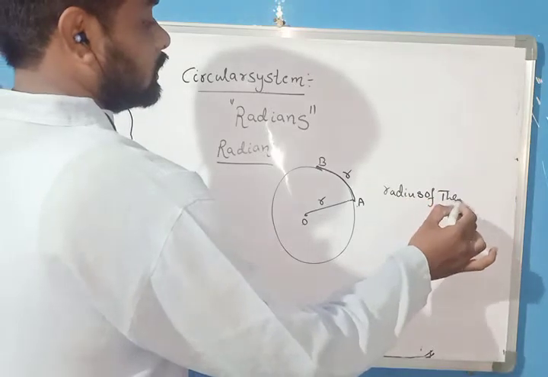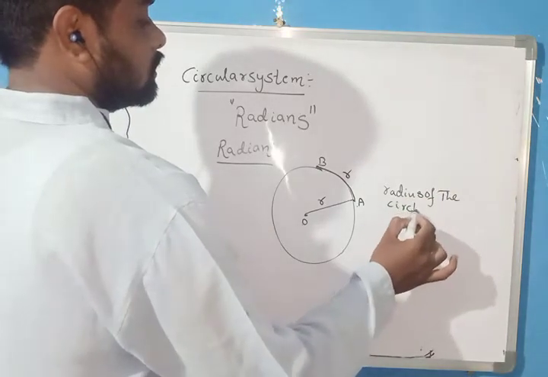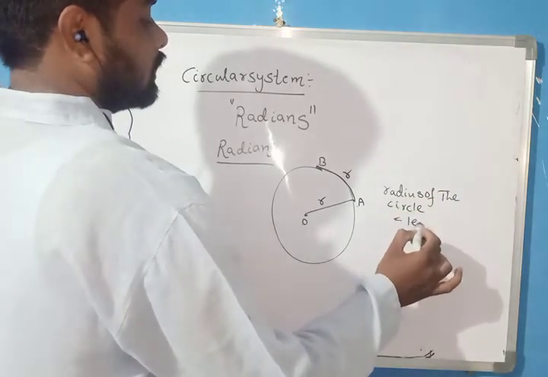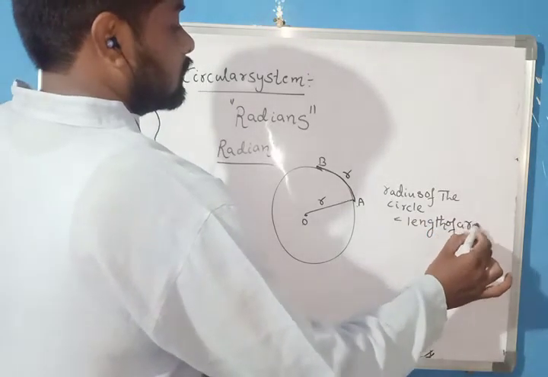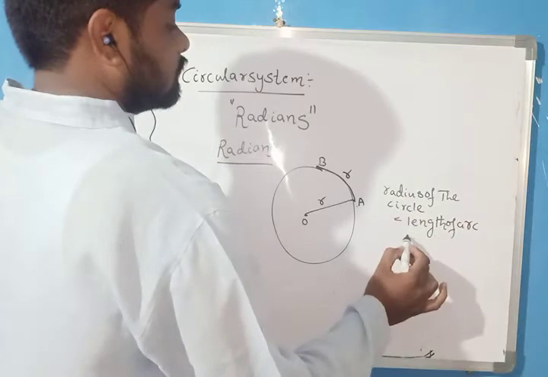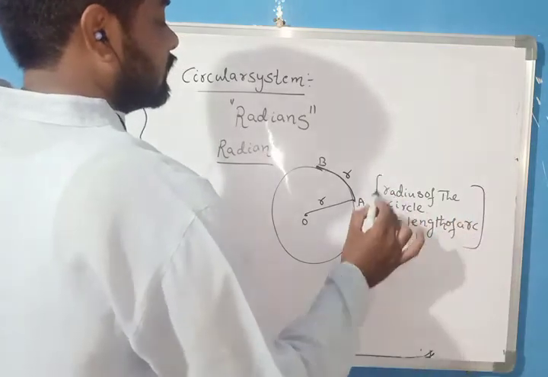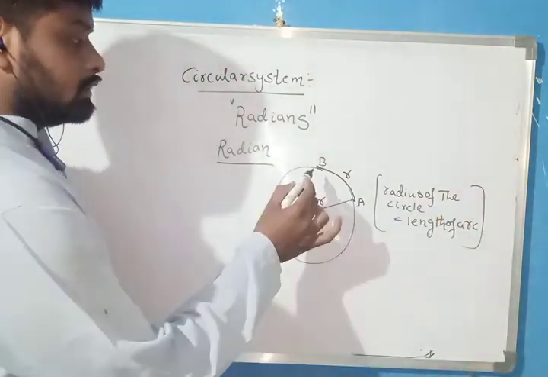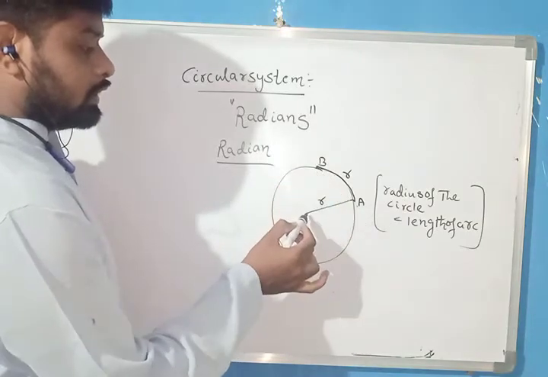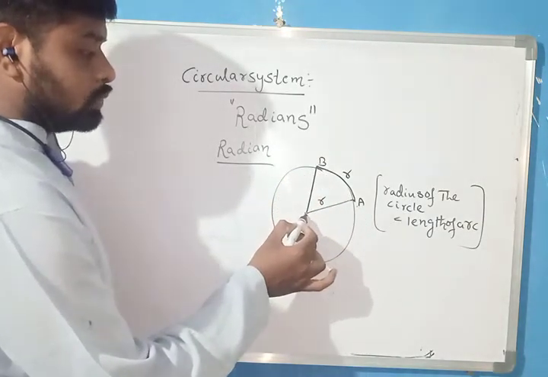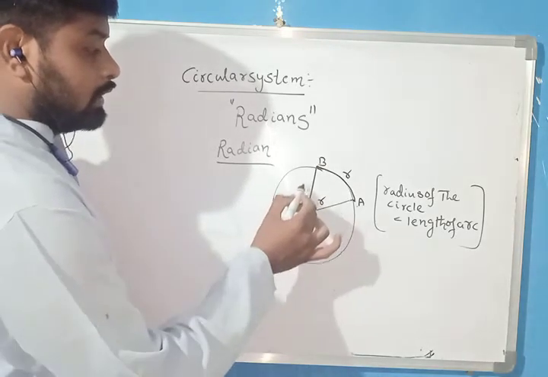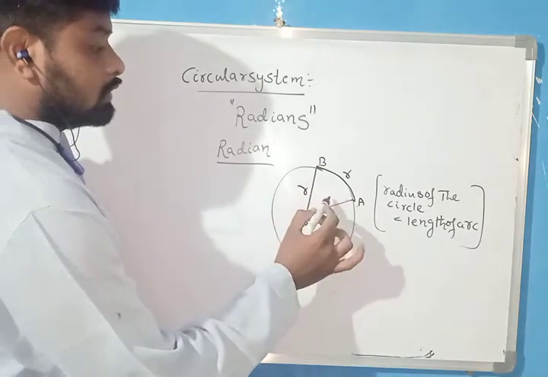Please write down: radius of the circle equals length of the arc. It is the radian definition. After that, I am joining the points O and B; OB is also a radius.